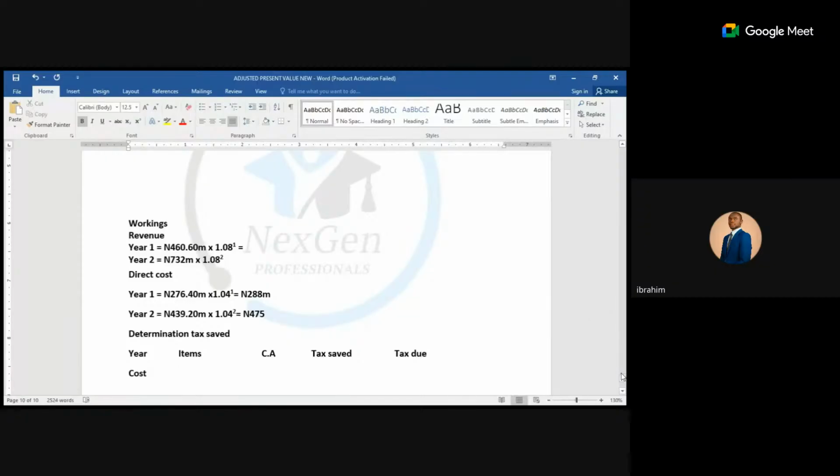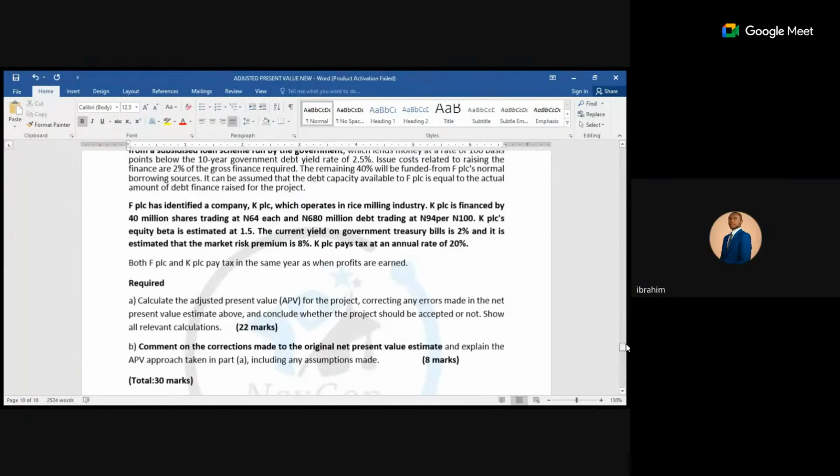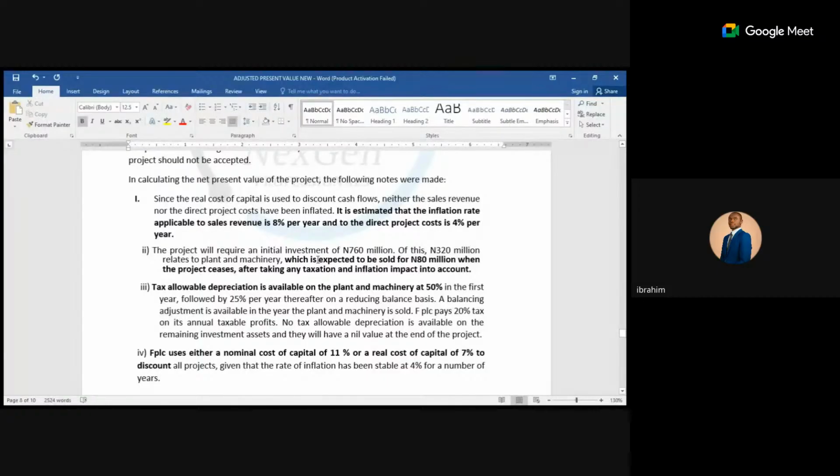Now, let's quickly go back to that paragraph. We're told that we should not forget that this is 760. Out of the 760, 320 is for plant and machinery, and it will enjoy capital allowance. The first year will be 50% on 320.